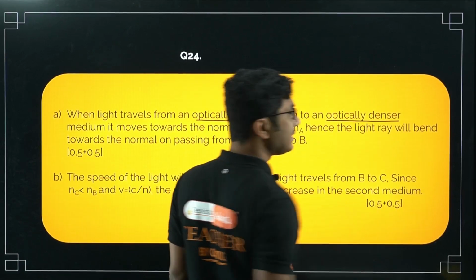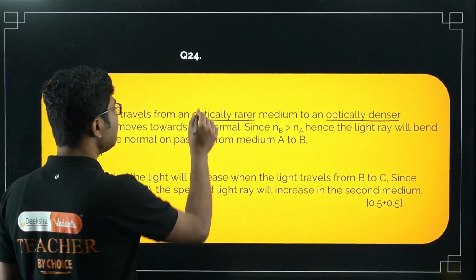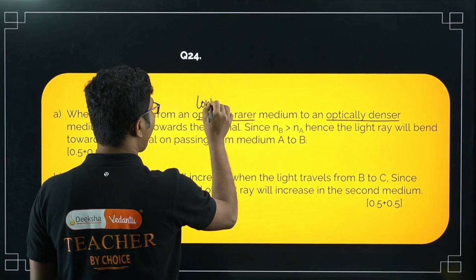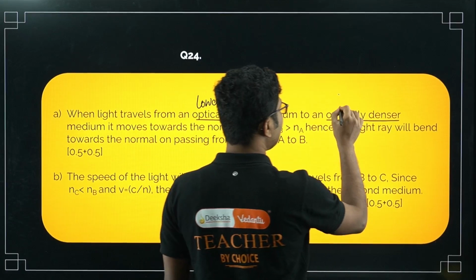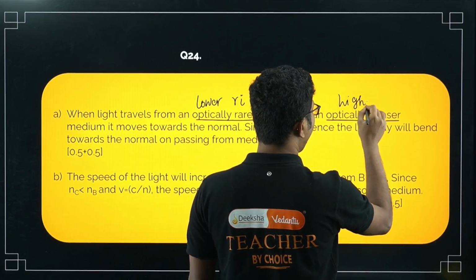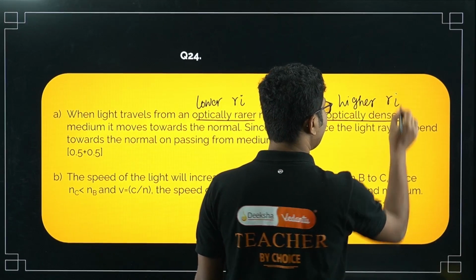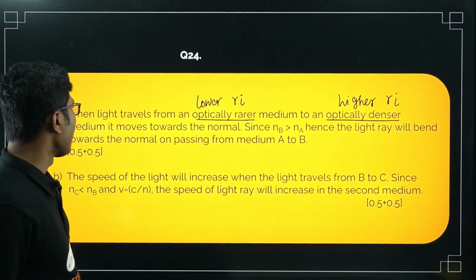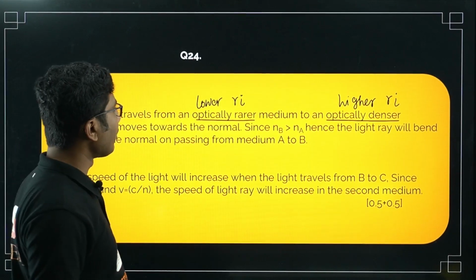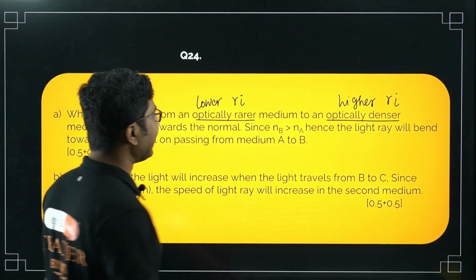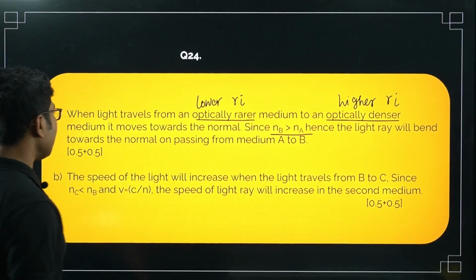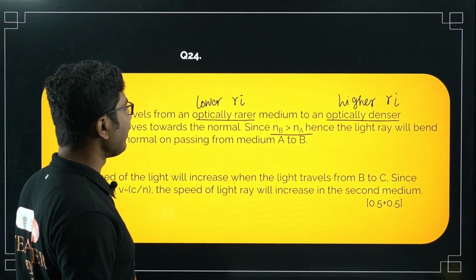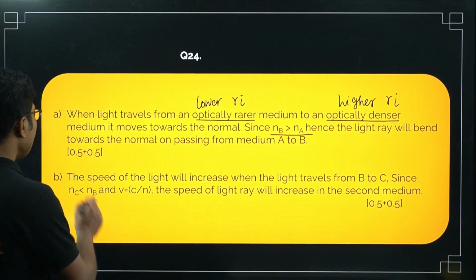Optically denser medium means higher refractive index, and optically rarer means lower refractive index. Medium moves towards the normal. Since NB is greater than NA, the light ray will bend towards the normal on passing from medium A to B.